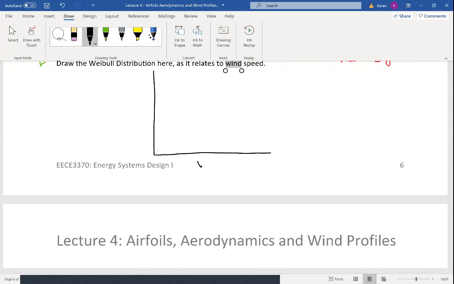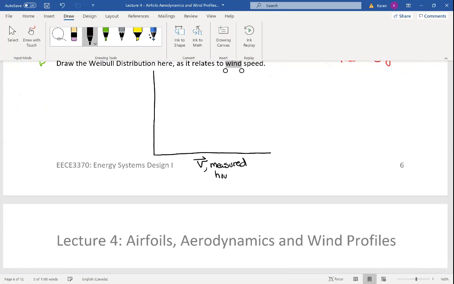And this is the wind velocity. And that this was taken hourly. Measured hourly. And then over here we have the number of recordings. So the number of records of a certain velocity.